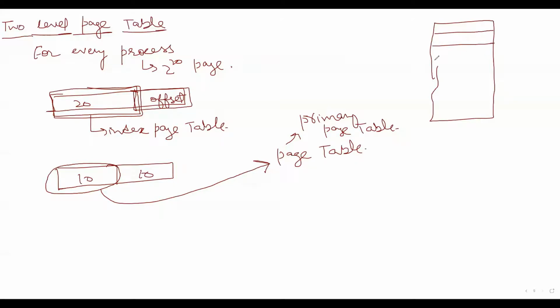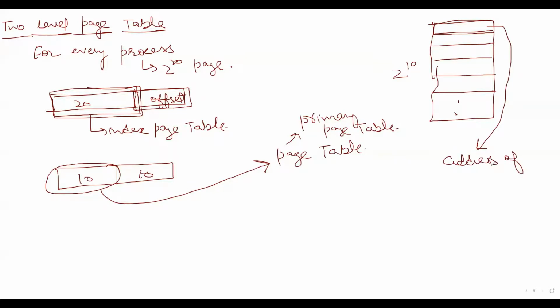How many bits are we using to index this primary page table? These 10 bits. So there will be 2 raised power 10 entries. And each entry in the primary page table is used to store the address of another page table, and that other page table will be the secondary page table.